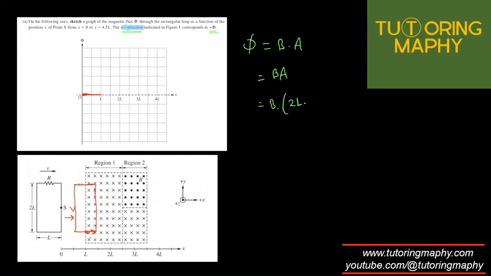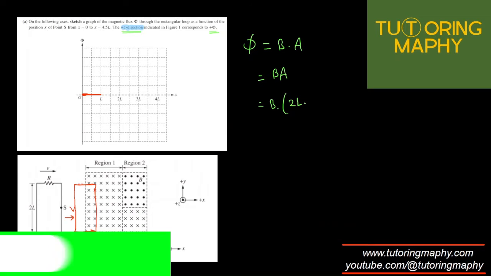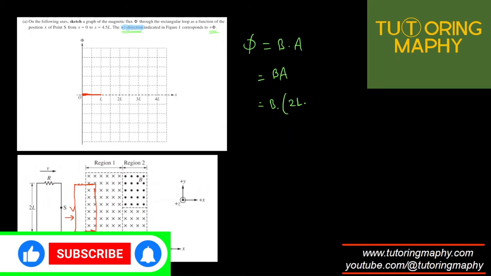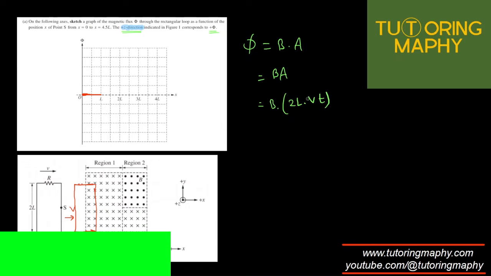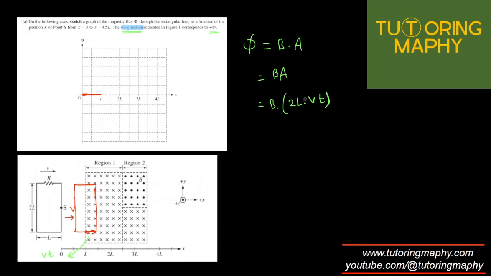And the width is continuously increasing as a function of time because it's constant velocity, so V times T. With time it is definitely increasing linearly, or we can say that it is proportional to x because we are graphing with respect to x. So if it is inside by x units, it is increasing linearly.